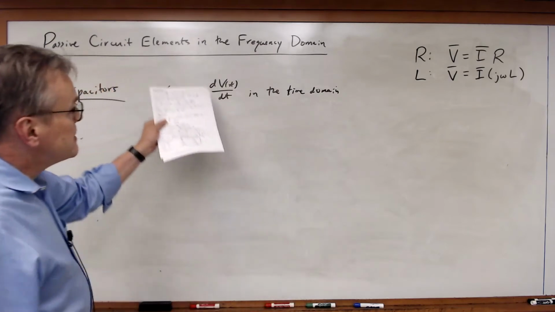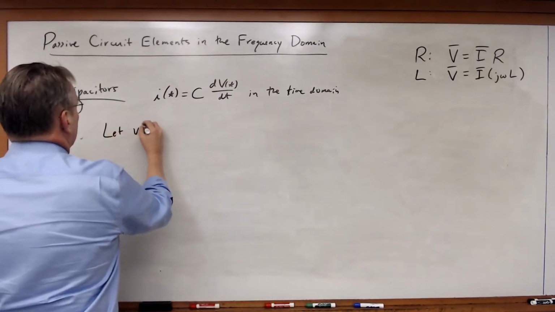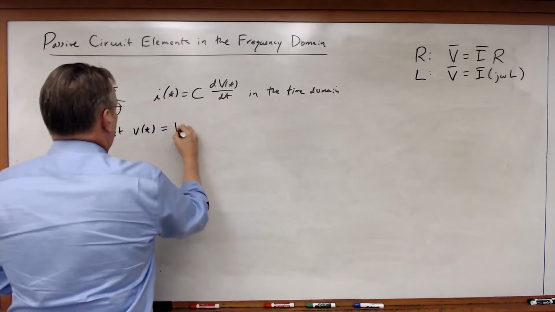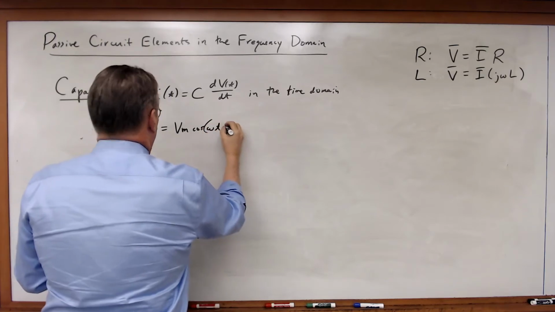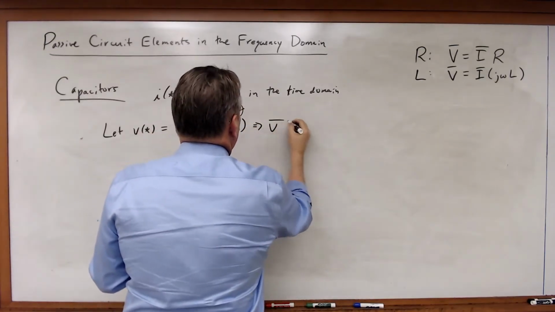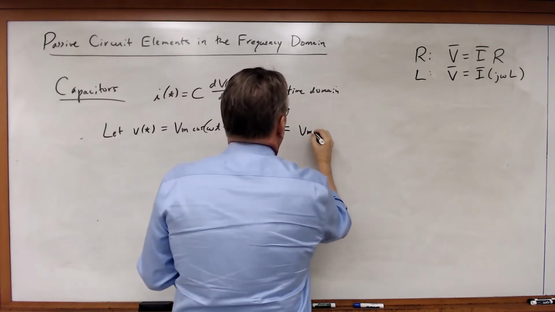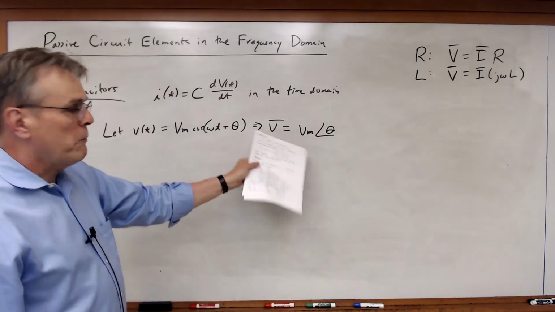So given this, let's assume the voltage is a sinusoid. And therefore, we have V is equal to Vm at a phase angle of theta when we go to phasor form.